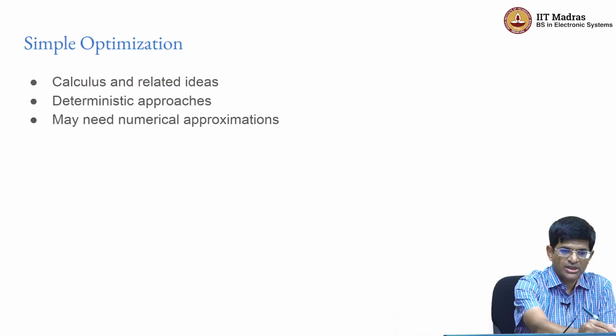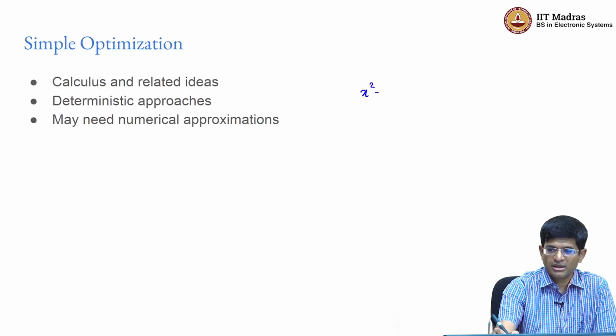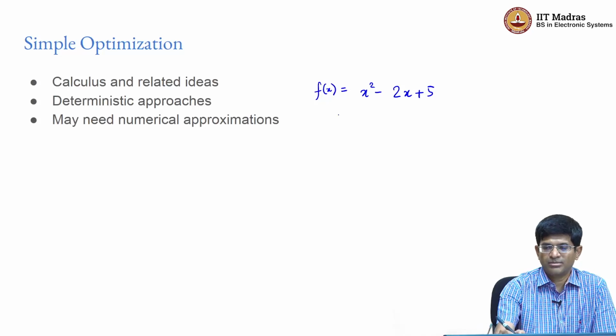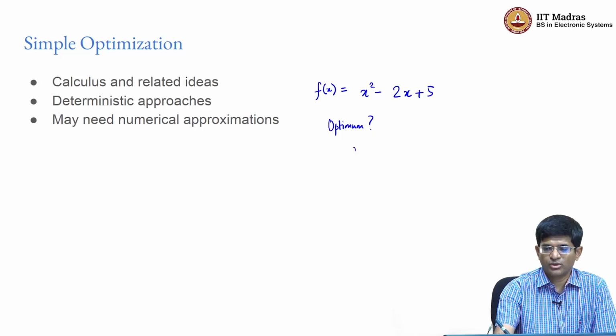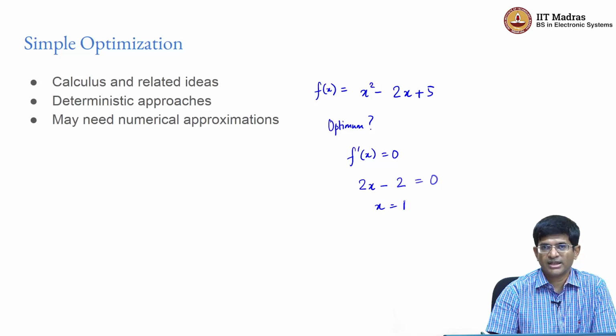Even if I gave you something more complicated like x square minus 2x plus 5 as my cost function, and asked you to find the optimum, you would know that the first thing to do is take the derivative, set f prime x equal to 0, which gives us 2x minus 2 equals 0, or x equals 1, as the location of the optimum.